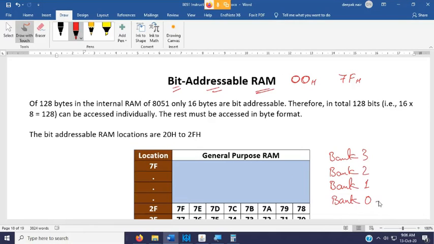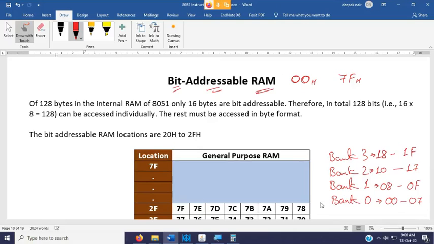So what is the address? Bank 0 is 00 to 07, then bank 1 is 08 to 0F, and so on, 10 to 17 and 18 to 1F.